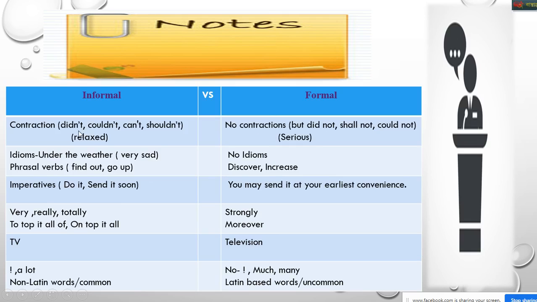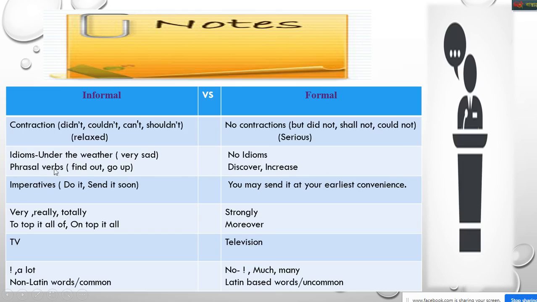What is a contraction? Didn't. The full form of this word is did not. Shouldn't is should not, couldn't is could not. You must be serious while writing a formal letter, right?